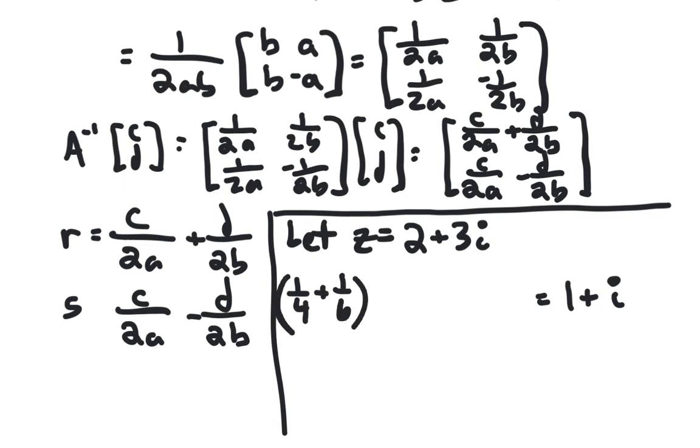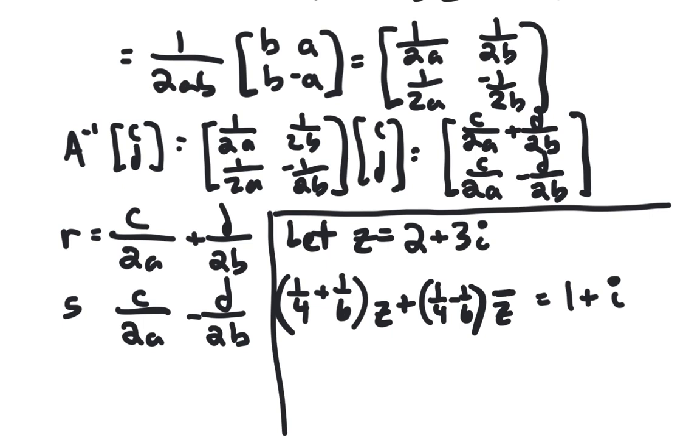That's our coefficient for that, so that's a quarter plus a sixth of z plus, and similarly the sign just changes, so it's going to be a quarter minus a sixth times the conjugate of z. Remember, that's just 2 minus 3i. Conjugate just changes the sign. That equals 1 plus i.